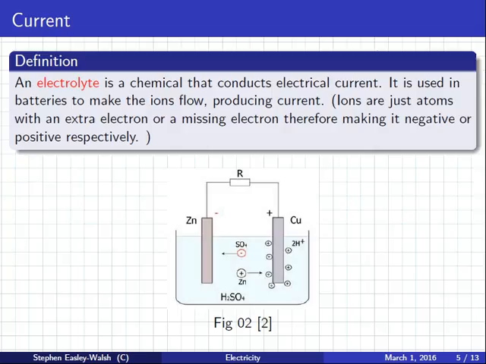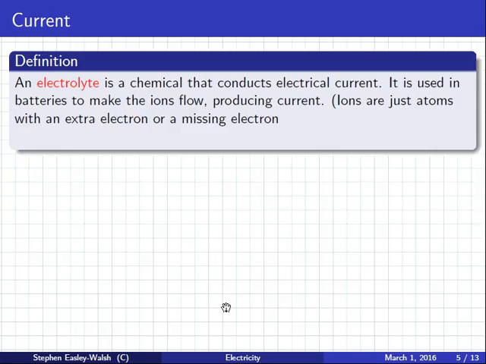I just want you to know that an electrolyte is a chemical that allows a current to flow through it. A good example of an electrolyte is H2SO4. If you can just even write down what an electrolyte is, you only need this much. So if you can write that definition down.